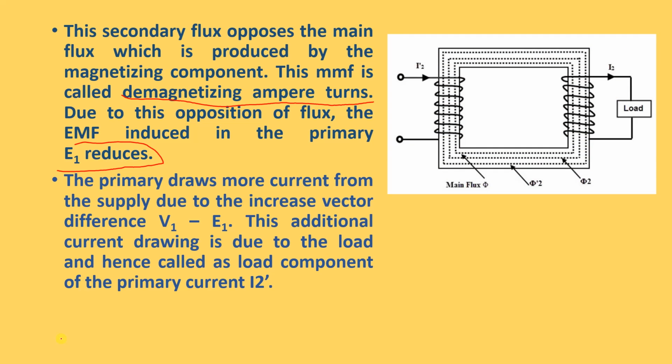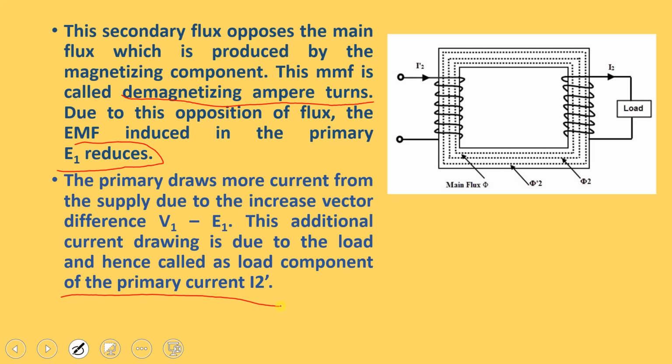The primary draws more current from the supply due to the increased vector difference V1 minus E1. This additional current drawn is due to the load and hence is called the load component of the primary current.